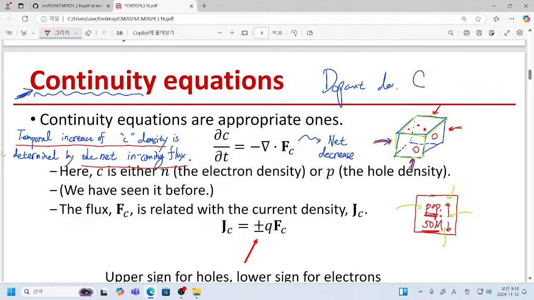So when I say C density, I have not made any assumptions about the particular properties of our C particle. Is there any restriction for this C particle? For example, only electrons can be considered, or only holes, or only phosphorus atoms.